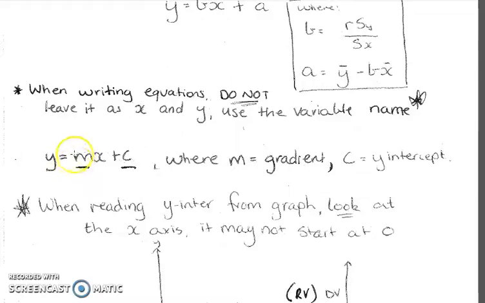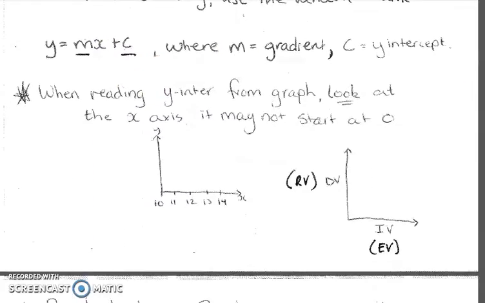In y equals mx plus c, the value that's with your x is your gradient, and the value on its own is your y-intercept. When reading your y-intercept from a graph, please double check, triple check that your x-axis starts at 0. As you can see here, it's a broken axis, so the axis is actually starting at 10.